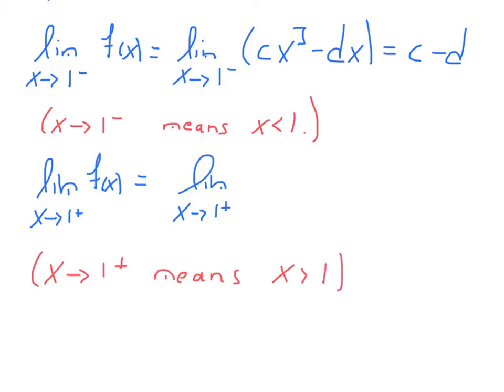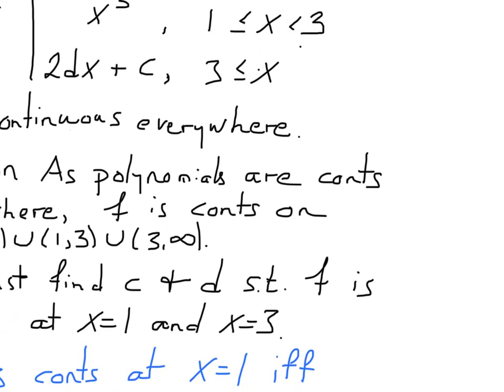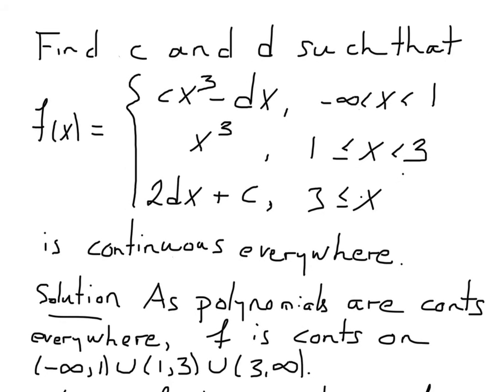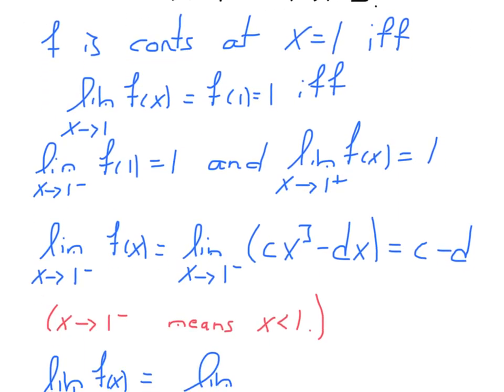So let's go up to the top to see what f of x looks like when x is bigger than 1. All right, so let's see. Here it is. Well, when x is bigger than 1, f of x just looks like x cubed, so we'll use x cubed in our formula for f when calculating this right-hand limit.